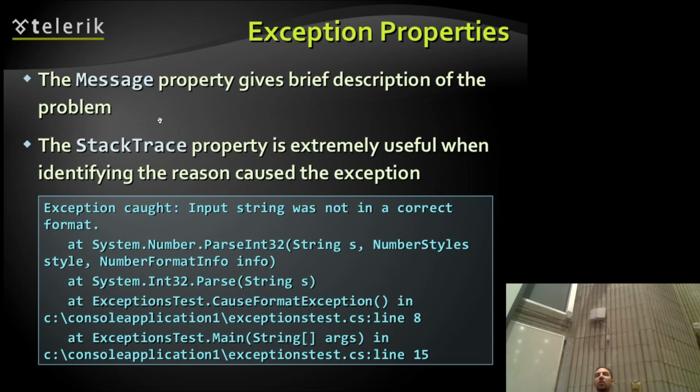Does everybody follow what happened? At least until the point the exception happened. Main was running. Main called a function. That function called Int32.Parse. Int32.Parse called another function, and that's when the exception occurred.